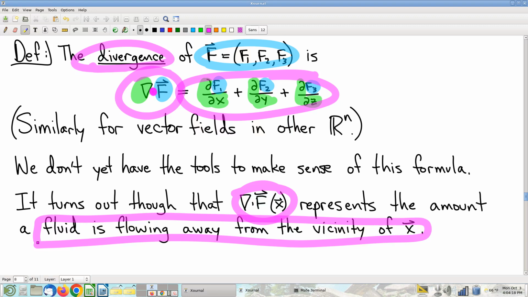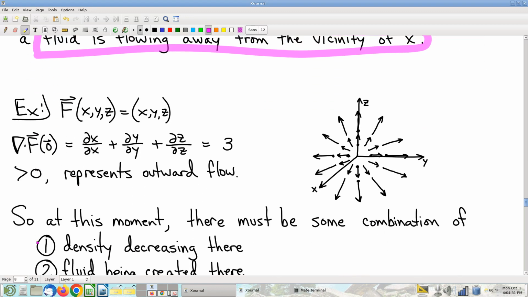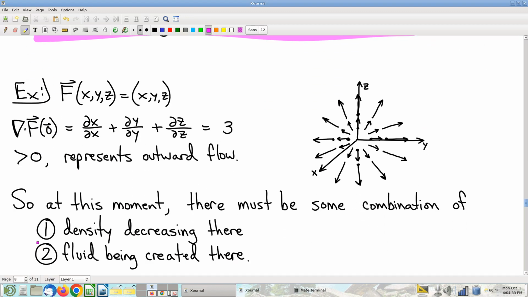The extent to which the fluid is flowing outward away from where you're evaluating it. That's what it is. Again, we do not have the tools to justify this. But let me show you an example so you see at least what I'm claiming. Here's a vector field. Familiar vector field. Nice, easy formulas for a vector field. I want to compute the divergence now of this vector field. I'm going to compute the divergence at the origin, just for convenience.